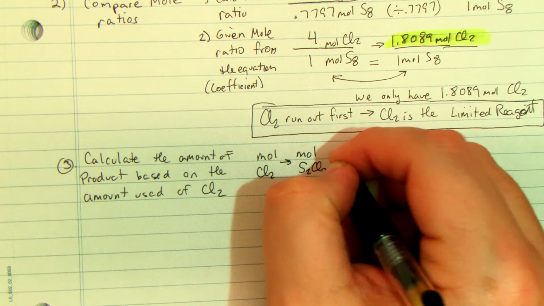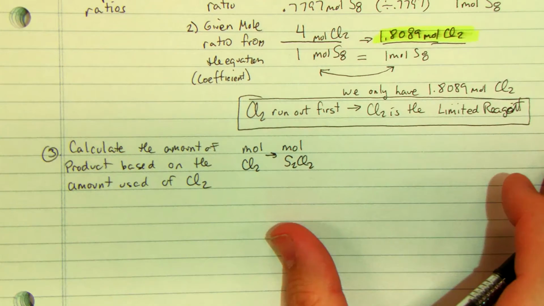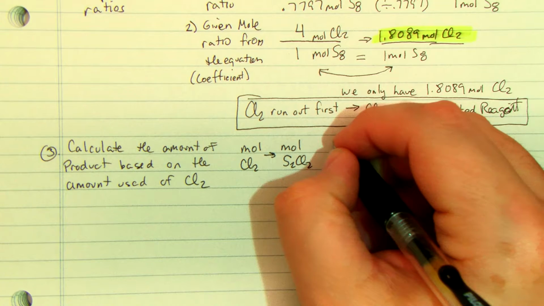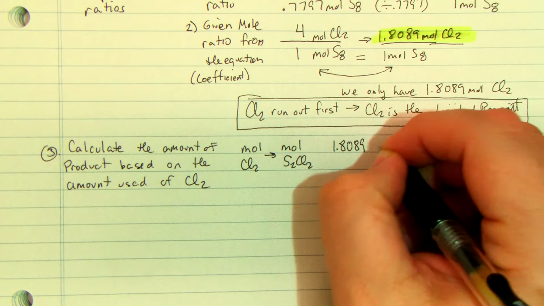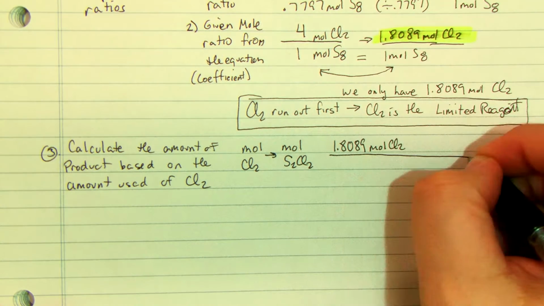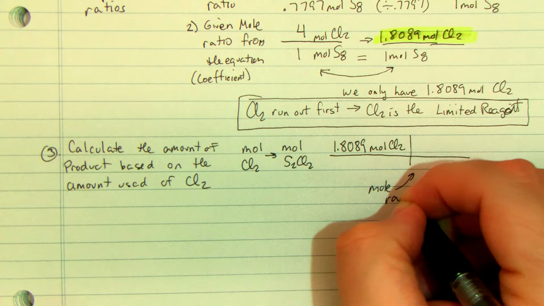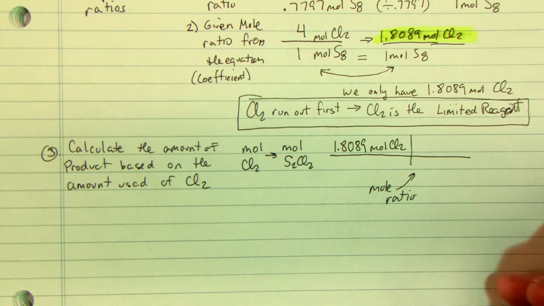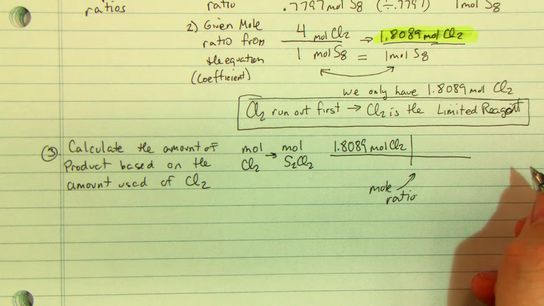So how many moles do I have of Cl2? I got 1.8089 moles of Cl2. And now, here is the mole ratio from the equation. How many moles of chlorine do I need to make how many moles of S2Cl2? What are the two coefficients?